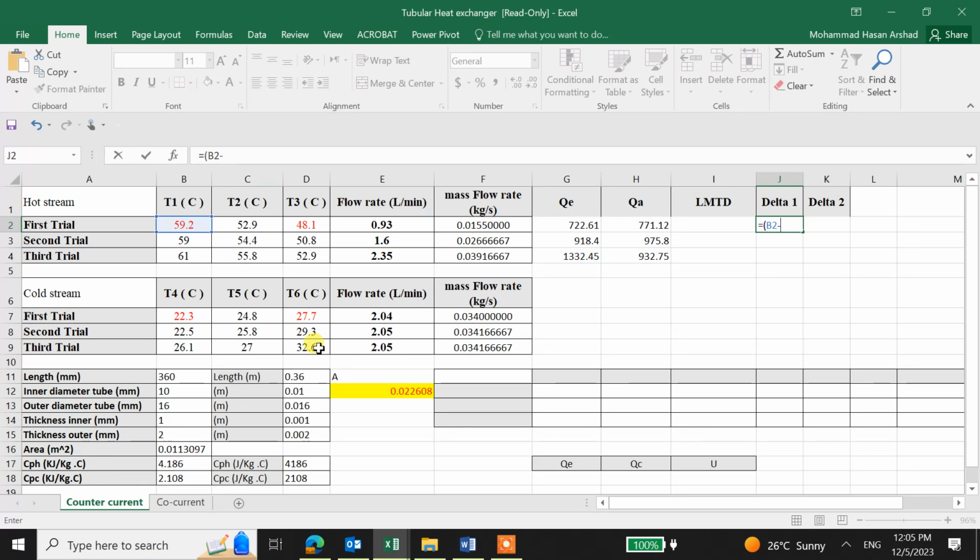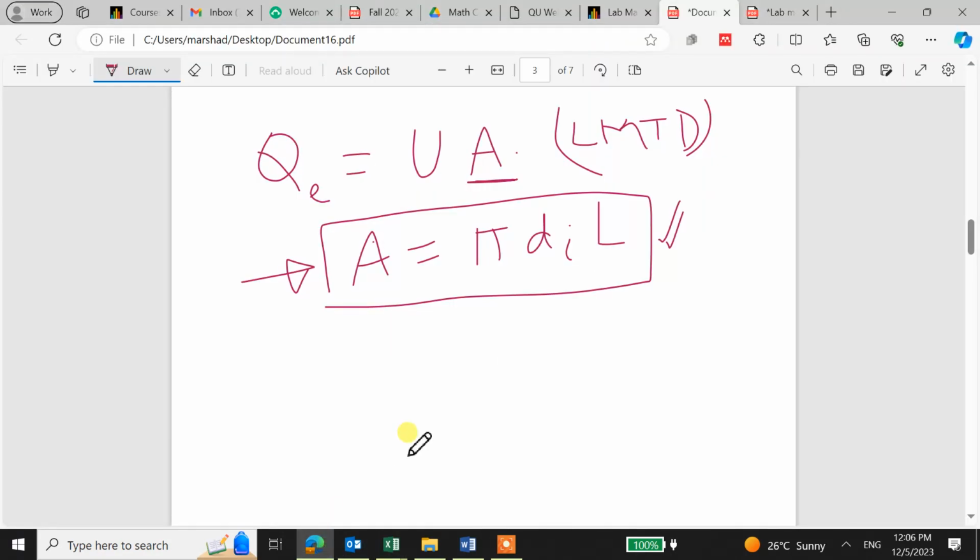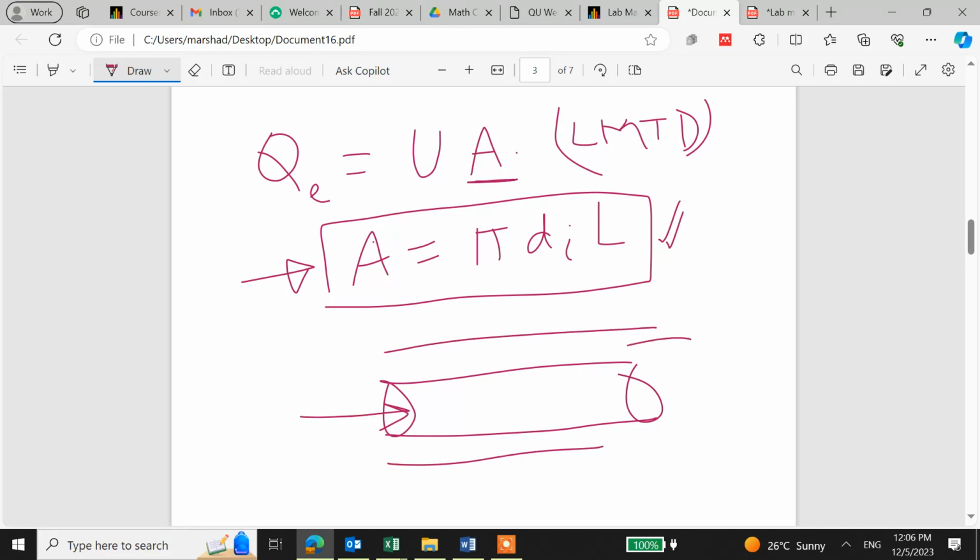If you have counter current, hot is going in here and cold is coming in here.